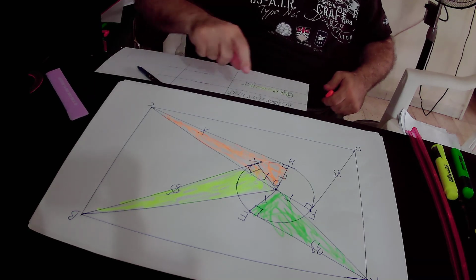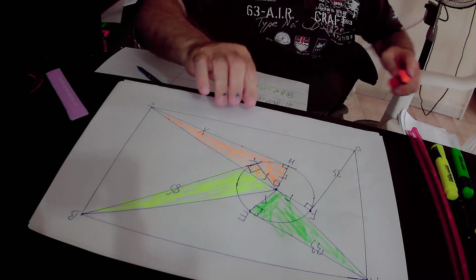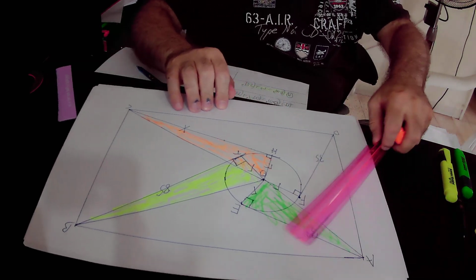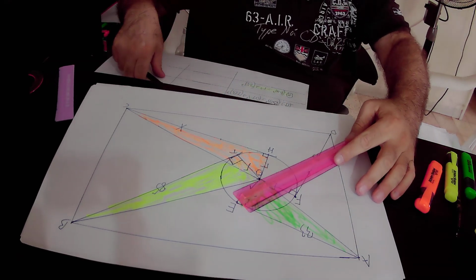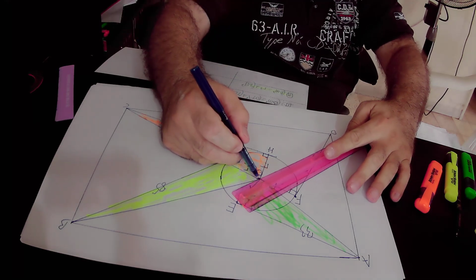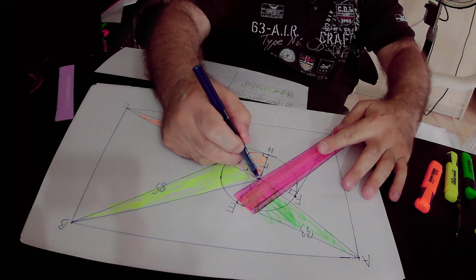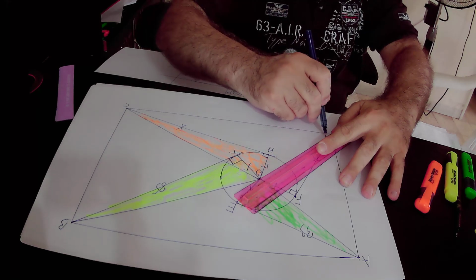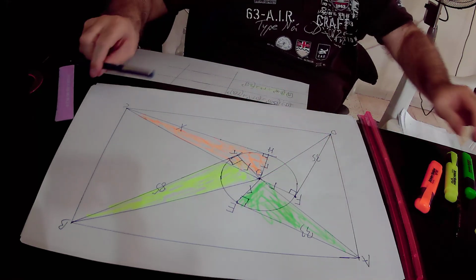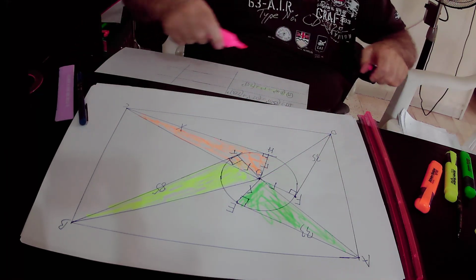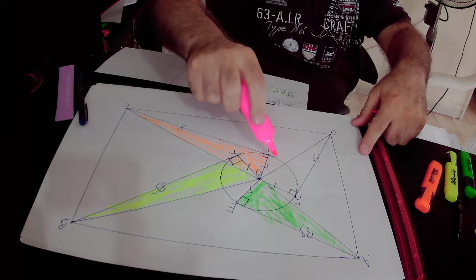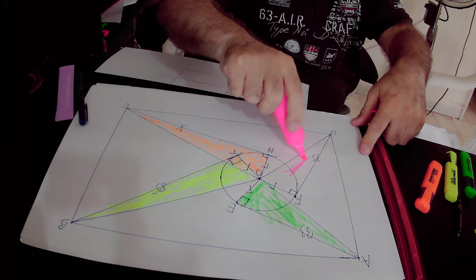In the next step, we join points D and O together by a straight line. And we will implement the Pythagoras theorem on the right triangle FOD.